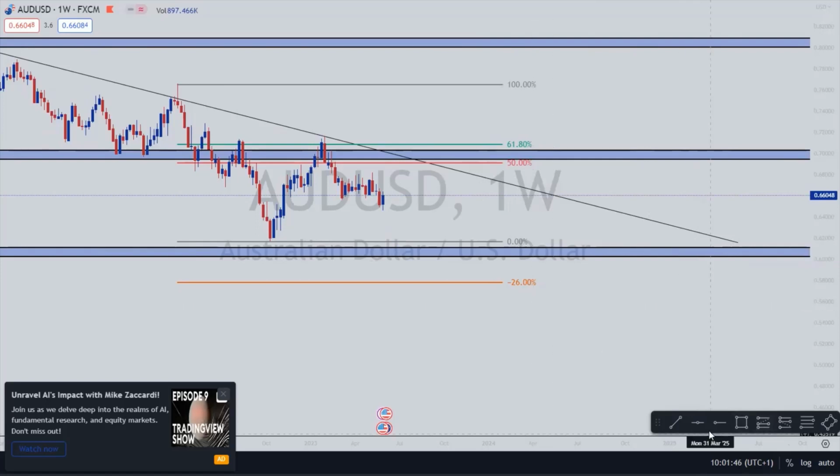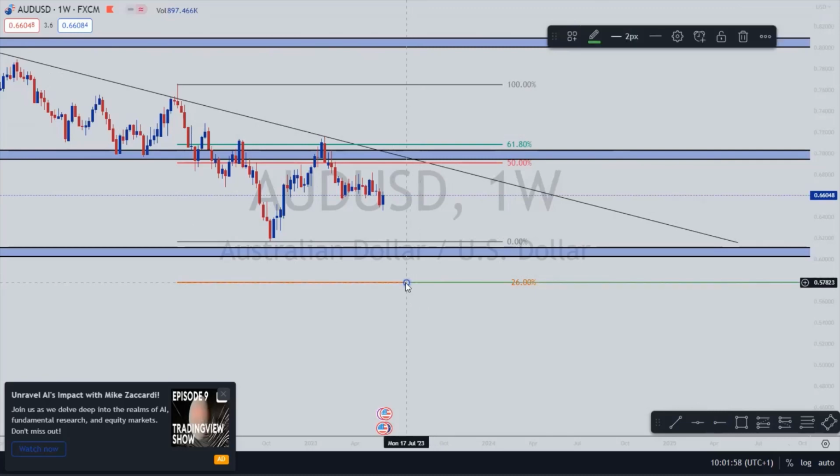So I always say, if this is A, this is B, this is C, the next level target should be D. Ideally, I always say ideally, because the market is never ideal. Ideally, that's what the Fibonacci retracement tells us.